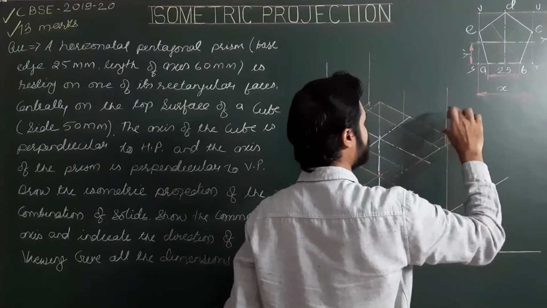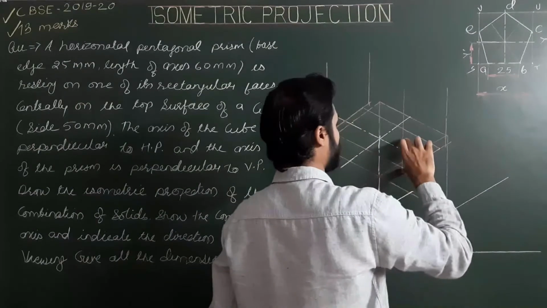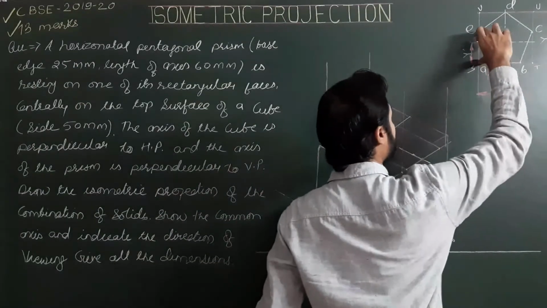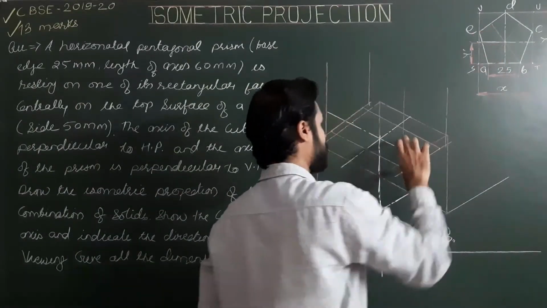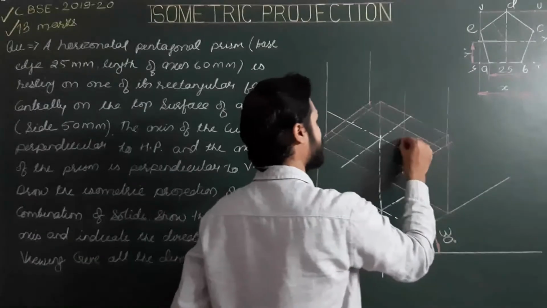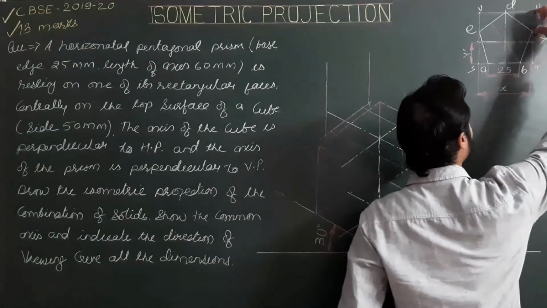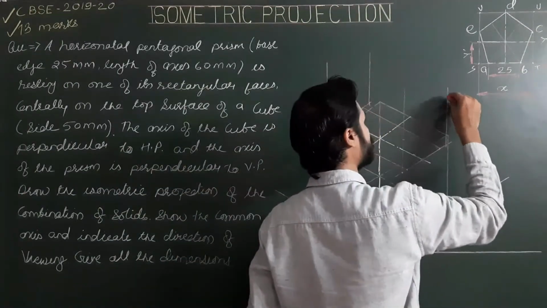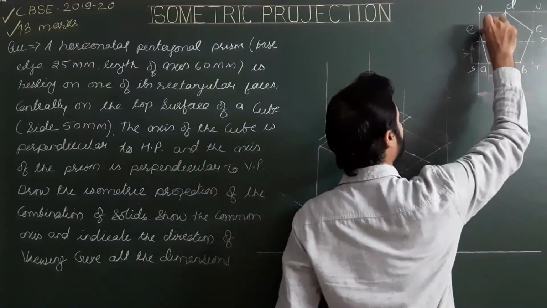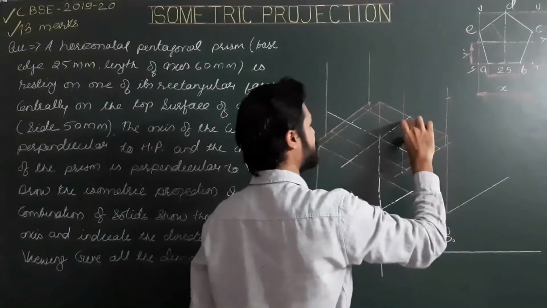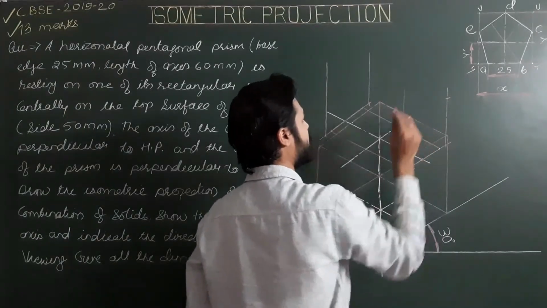T to C, this is C. From S to E, the height or distance is the same, E and C. Then from C to U, and from E to V, along the same line.